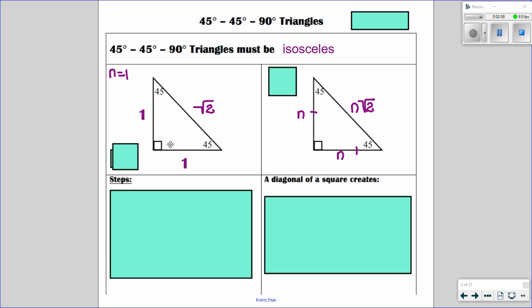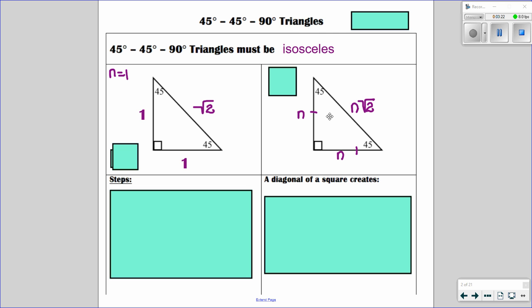So there you go. If there are any problems where you have to find one of the sides based on the 45-45-90 triangle, then you just plug in whatever n is and place it in whichever side you're looking for. We're going to do examples so that you get a better understanding of how to apply the ratio.